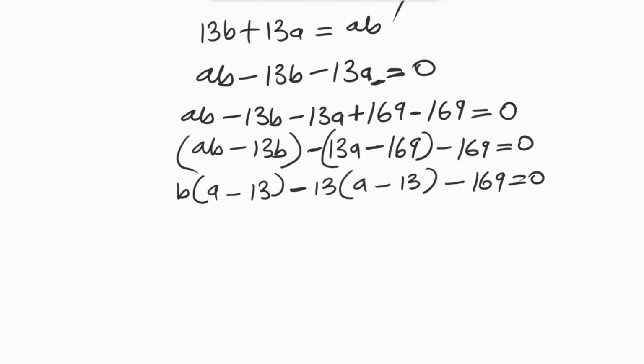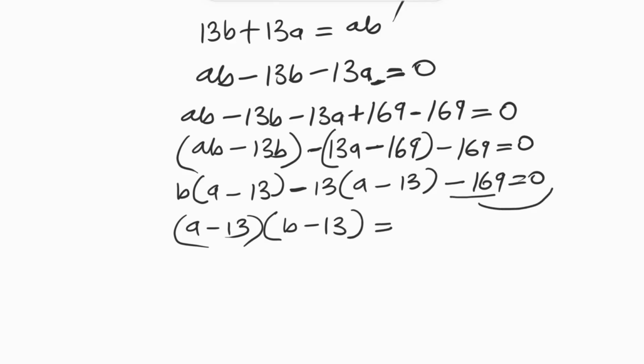So a minus 13, we can factor that out, and we have (b minus 13) equals, we can move this to the right-hand side, and it becomes 169. So this is where the manipulation has led us to. And so we have (a minus 13) times (b minus 13) equals 169.